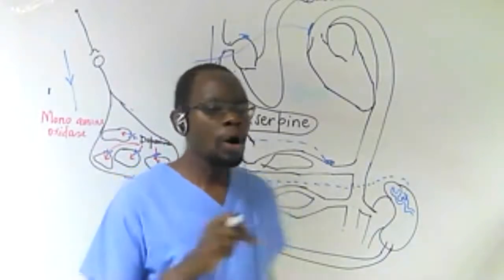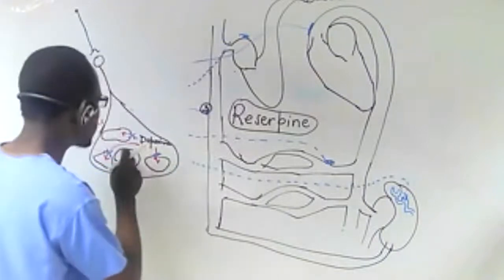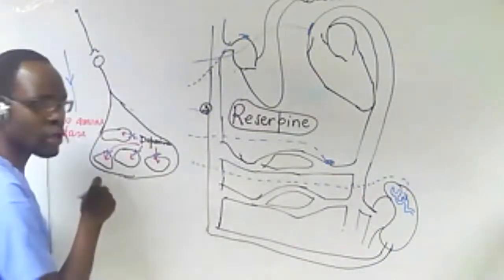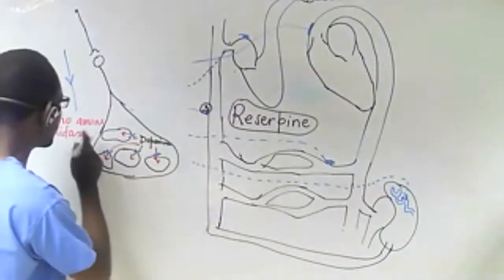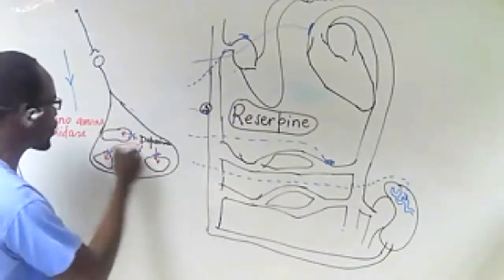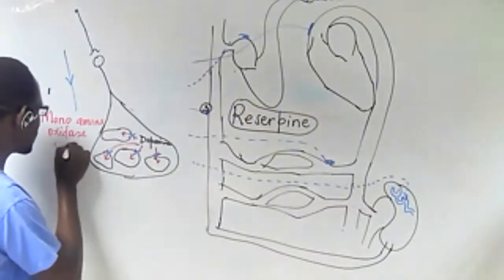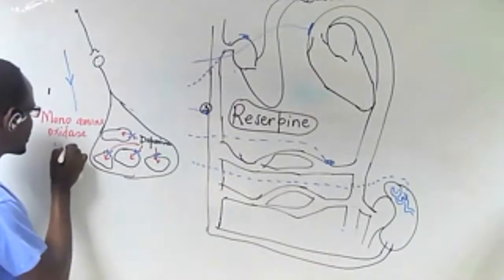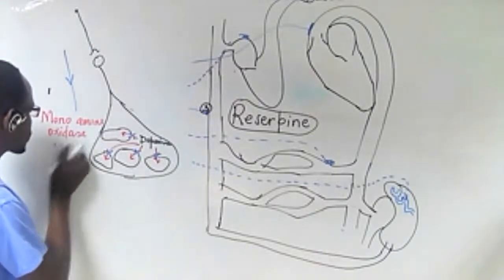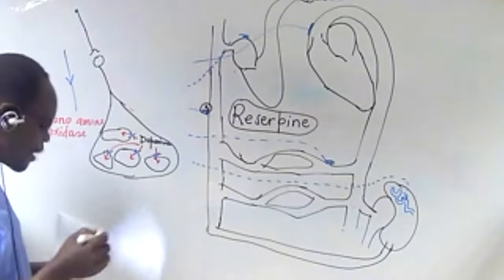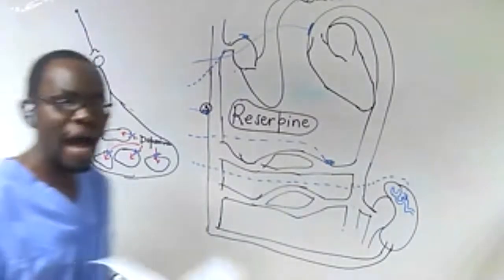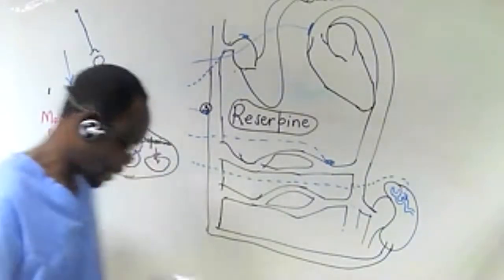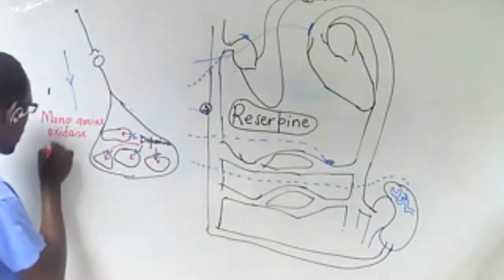So if this dopamine is not being transported into the vesicles, it will be destroyed by monoamine oxidase, by MAO.